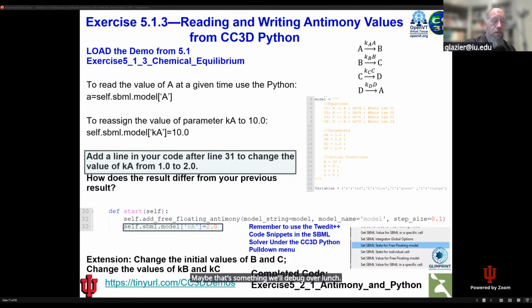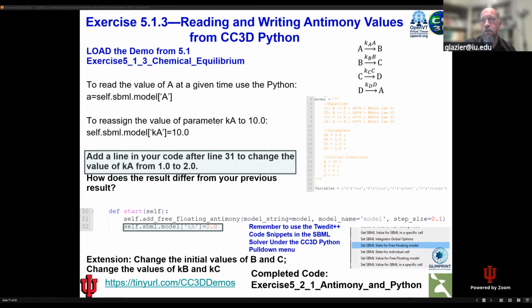The most common cause of a CVODE error is when you have a divide by zero in a rate law. If you want to change structure of models, it's a little tricky to do that in Antimony. Events are a good way to do that. In general, changing the expression of a rate from something like linear to quadratic, the best way to do that would be to say k times a to the n and make n a variable, which you change.